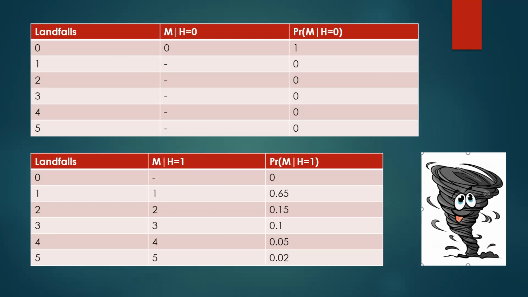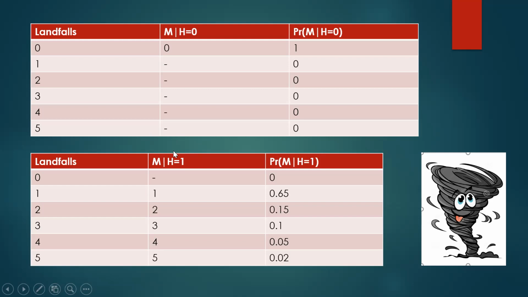So the number of landfalls is surely 0. The probability of landfall given that there are no hurricanes, resulting in 0 landfalls, is 1, and the others are 0, because nothing happens, which is no landfalls, because we have no hurricanes. So the probability of nothing happening is 1.